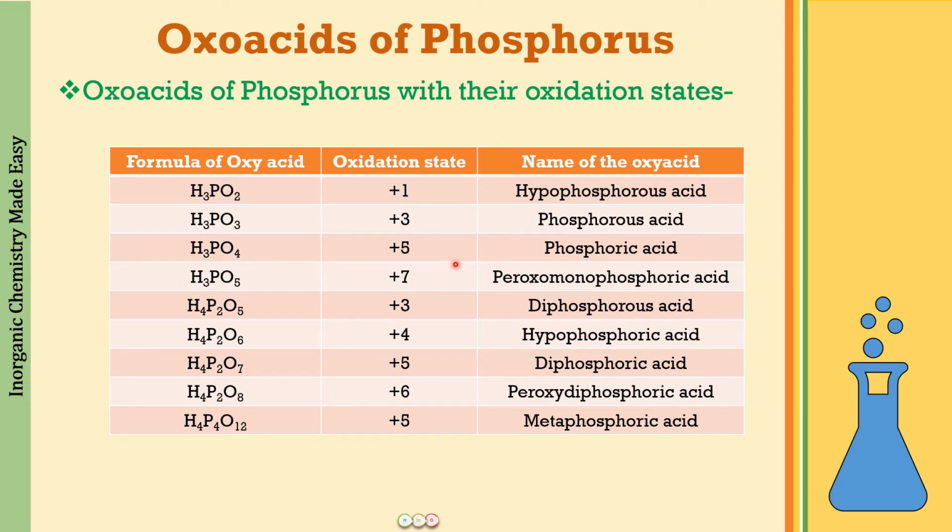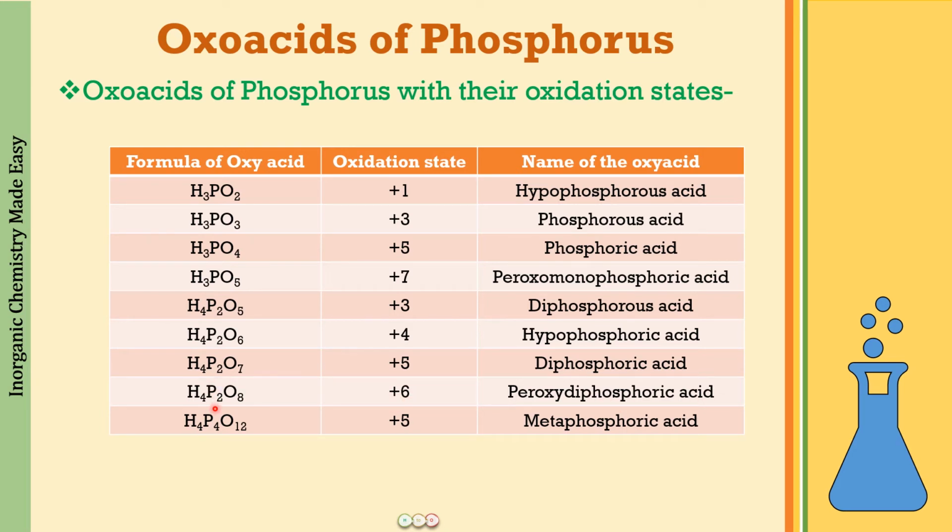Okay, and then we have peroxo monophosphoric acid. So this has a peroxy linkage, and you will see wherever there is a peroxy linkage present, the oxidation state will always be greater than the highest oxidation state in the calculation from the formula. Okay, so all these done, this also you can see this is +6. So this is peroxy diphosphoric acid.